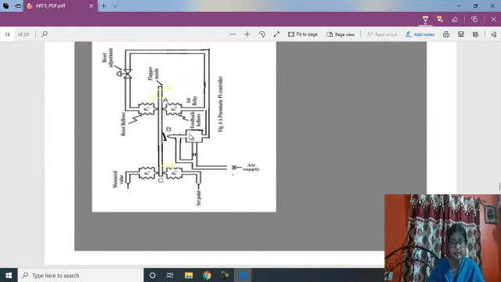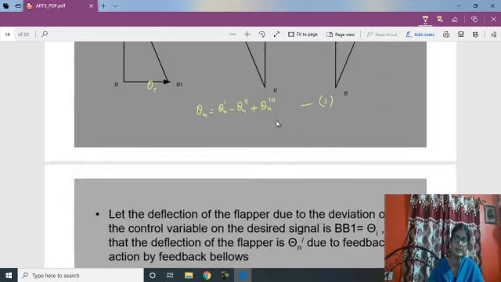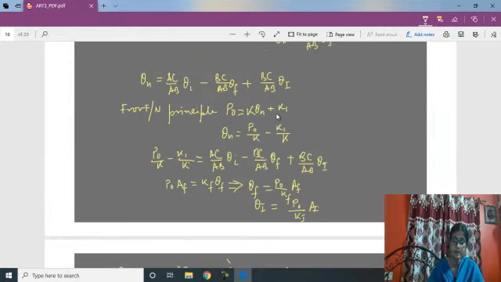The bellow pressure, as this is the integral bellow, we consider as Pi due to the integral element, and the nozzle feedback pressure, as per our convention, is P0, the output pressure.